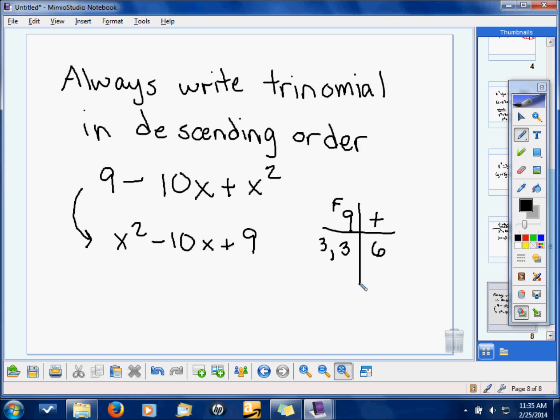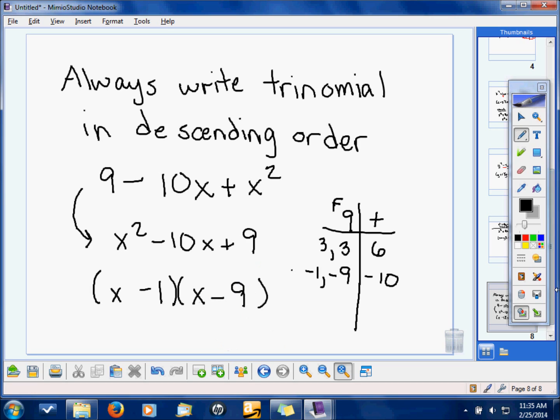No. Negative 1 and negative 9 gives us negative 10, and that's what we're looking for. So my answer is x minus 1 and x minus 9.